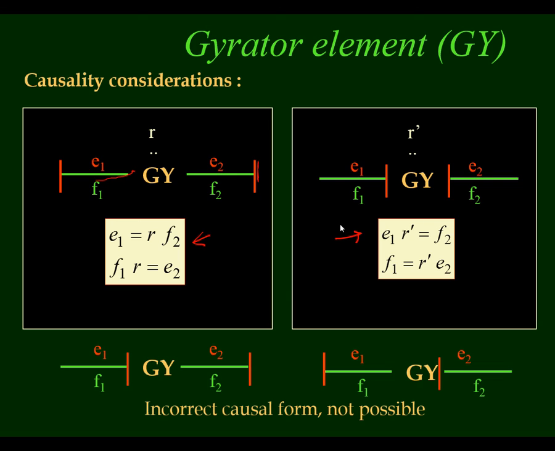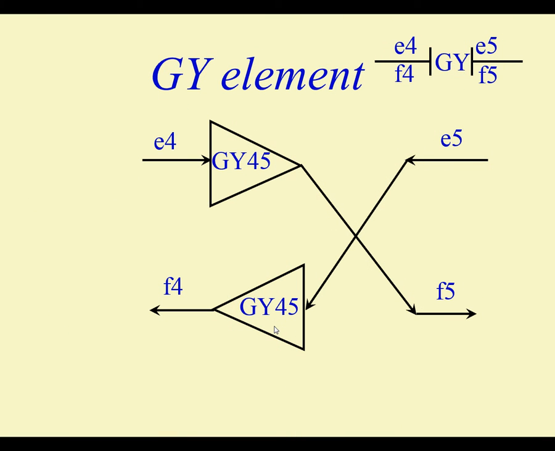And so we have either these equations or these equations. What's not possible is something like this that looks like a transformer. This is not possible, and this too is not possible. But the other two up there are fine. We call it a cross transformer because it crosses the lines in both directions.